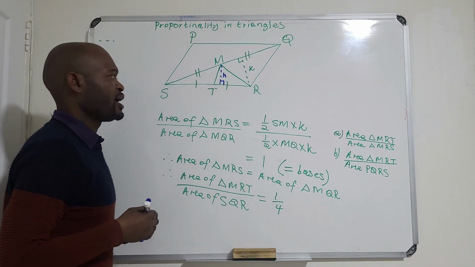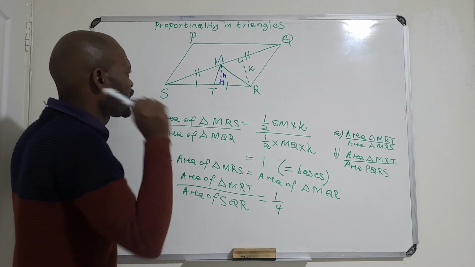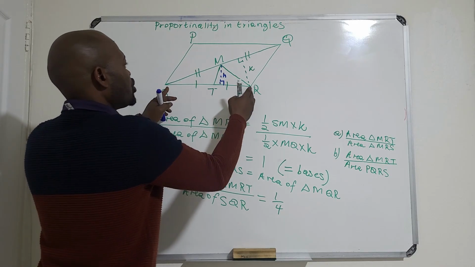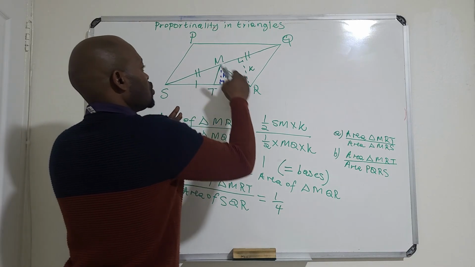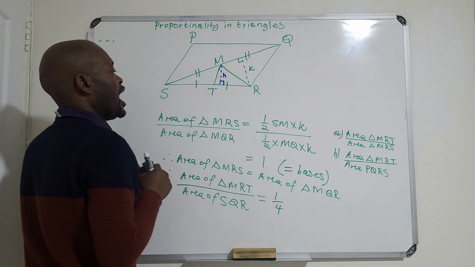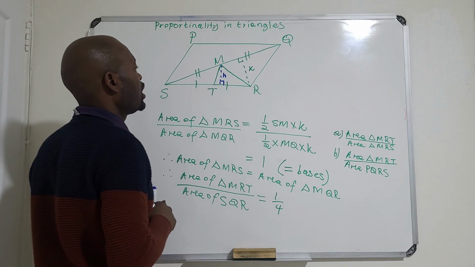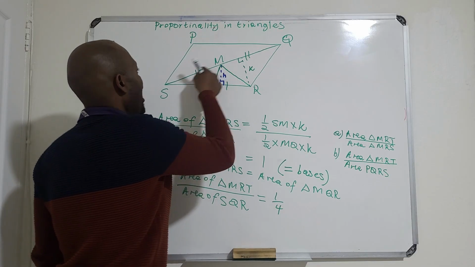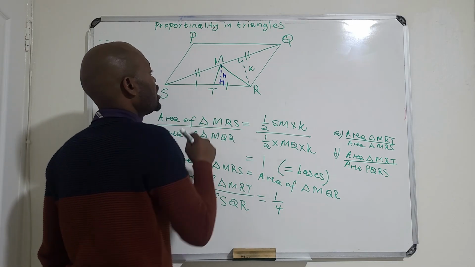I'm not sure if I am clear, but I need to be clear because I have just compared the two triangles to be equal. And if the two triangles are equal, it means that the area of this triangle over the area of this triangle is half.